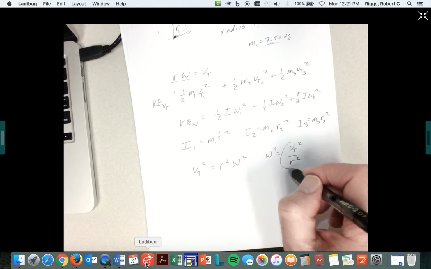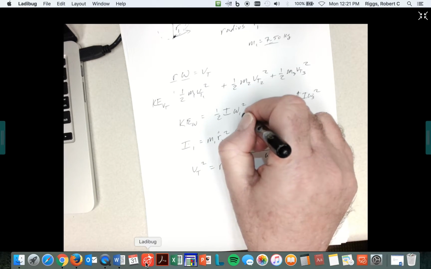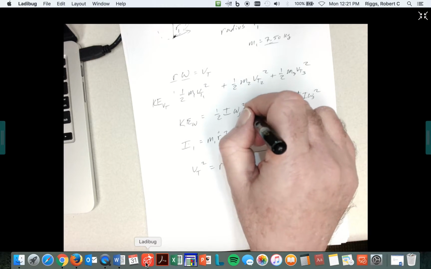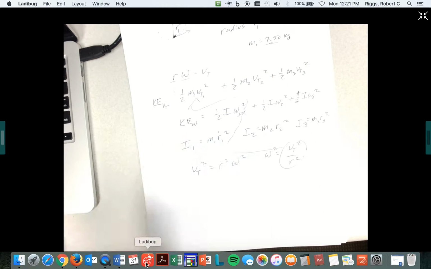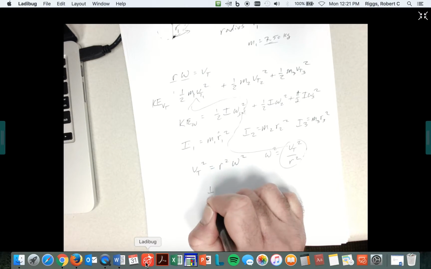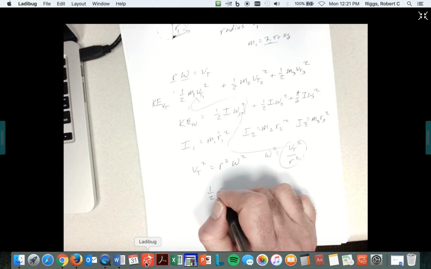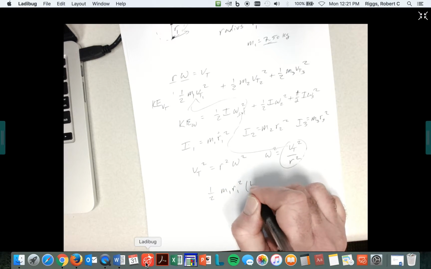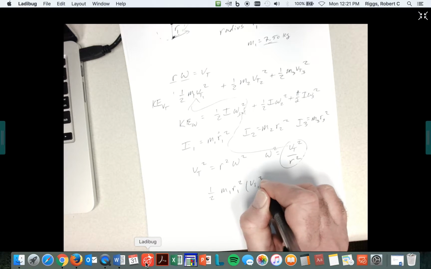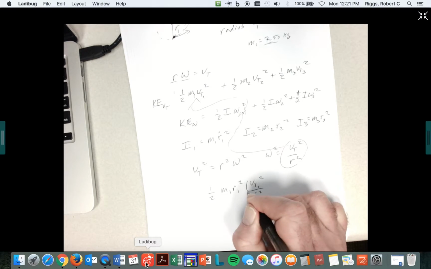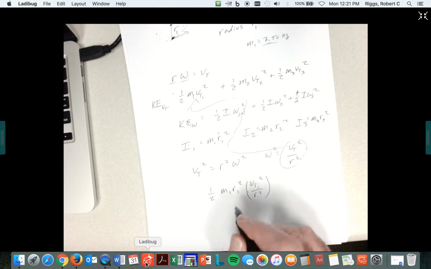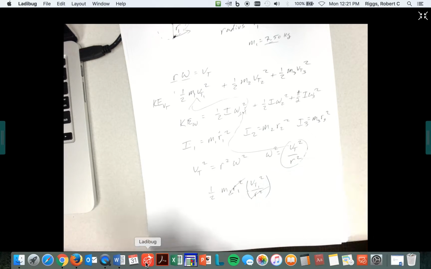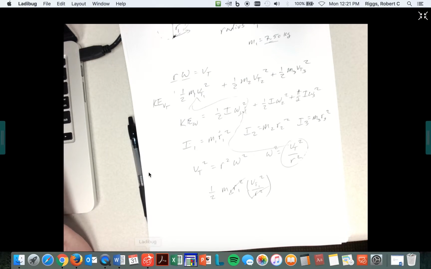When I plug this term into here, I get this term. When I plug in 1/2 times m1 r1 squared times vt1 squared over r1 squared, look what happens. The r's cancel. Piece of cake. Gotta love it.